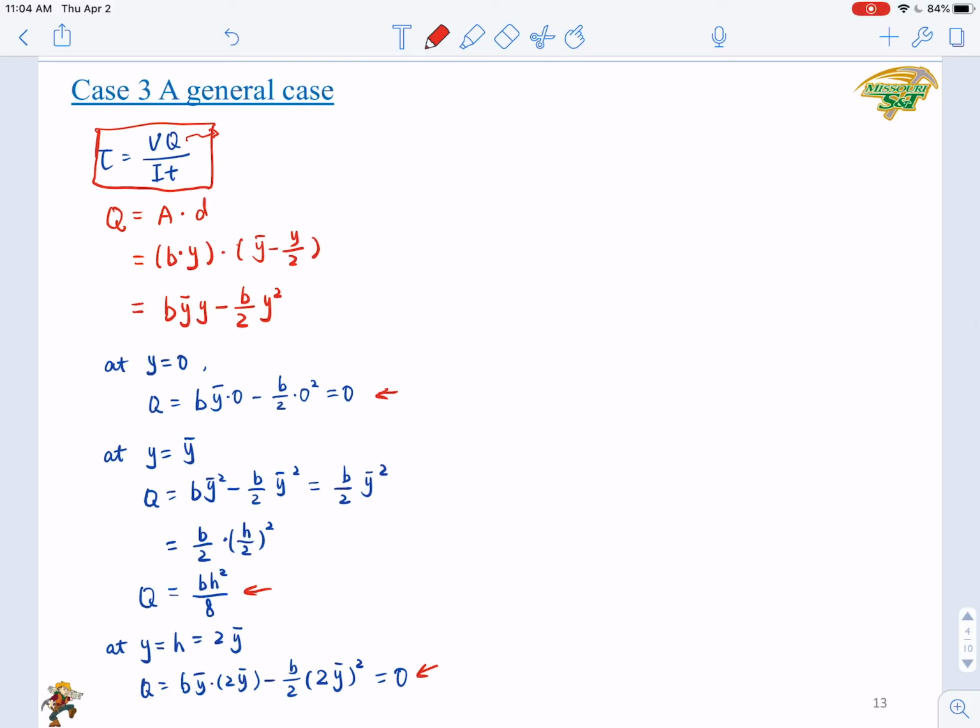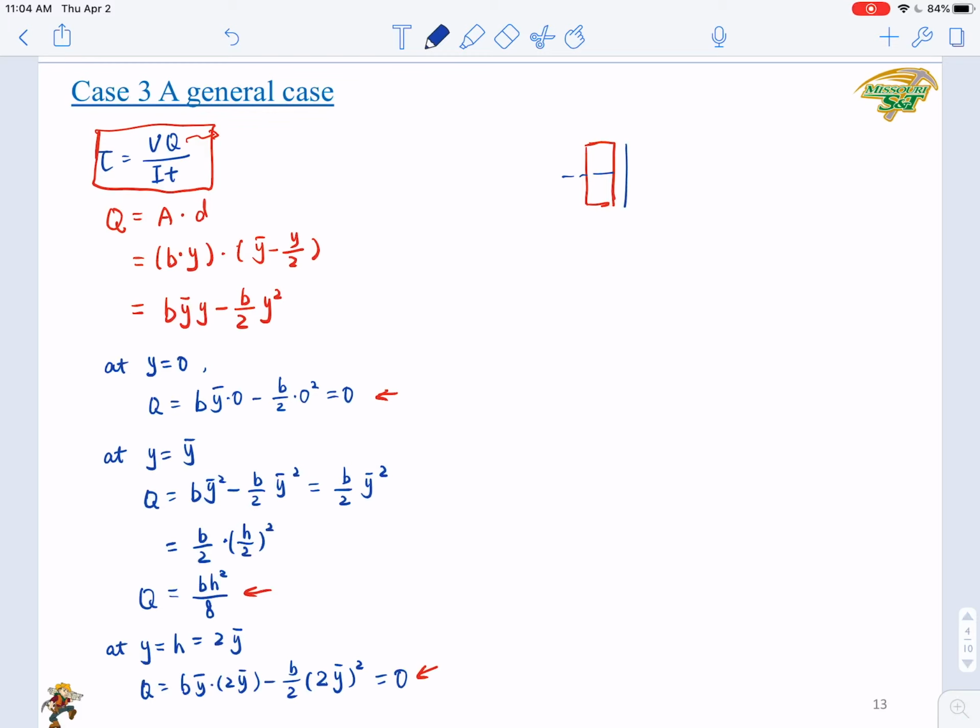So if we have this beam segment, and here is the neutral axis, right? So the distribution of the shear stress will be like this.